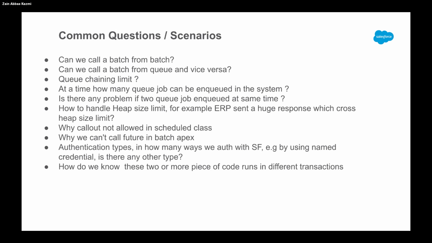Sorry, callout is allowed in a scheduled class. Why can't we call asynchronous, except from the Queueable interface?